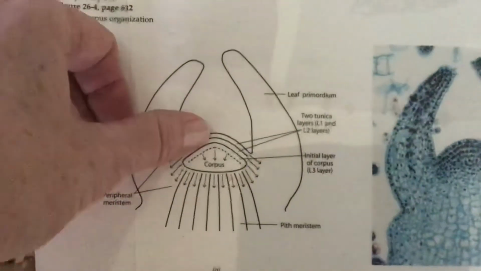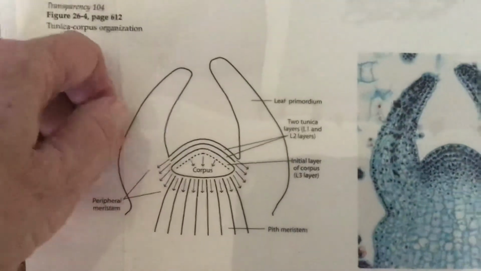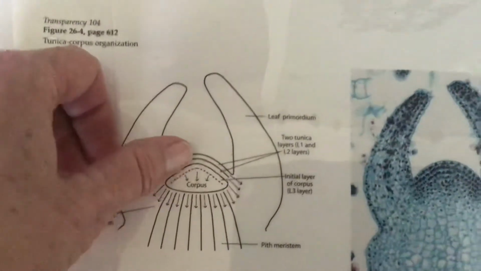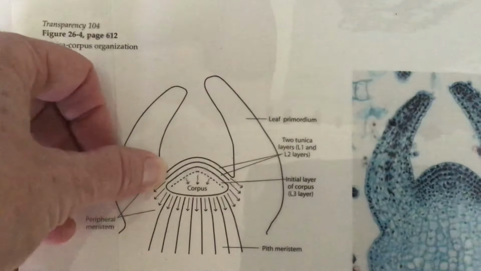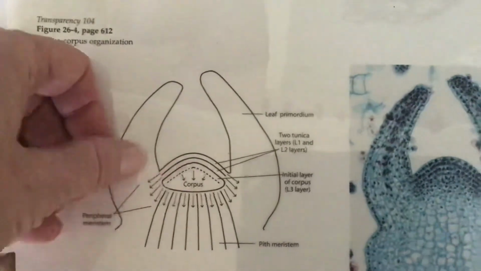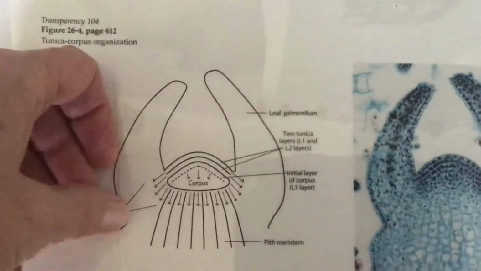Now remember that wherever the cells end up, that's what they're going to become. If they end up hanging out here, they're going to become the bud primordia. If they end up going along the leaf, they're going to become leaf.